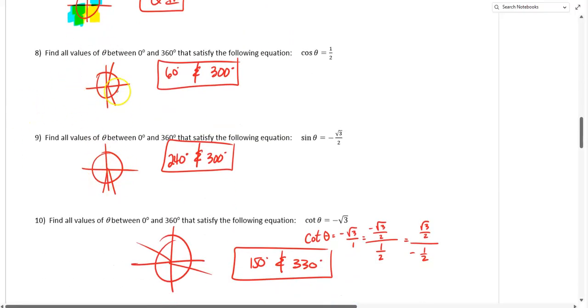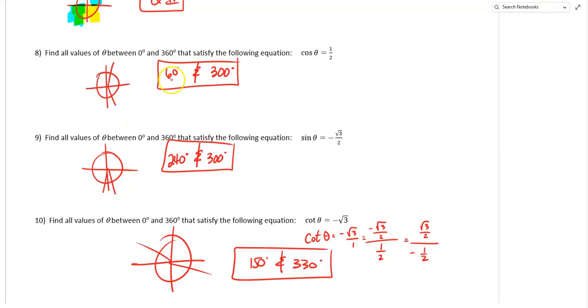With number 8, again, my recommendation is to show a simple unit circle, and if we're trying to find all the positions that satisfy this equation, well, there are 2 spots where cosine is equal to 1/2. There are 2 spots where an x value in the unit circle is equal to a positive 1/2. That occurs at this position close to vertical in the first quadrant, and this position close to vertical in the fourth quadrant.